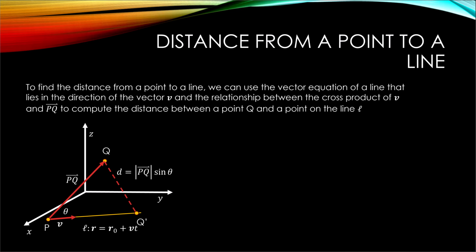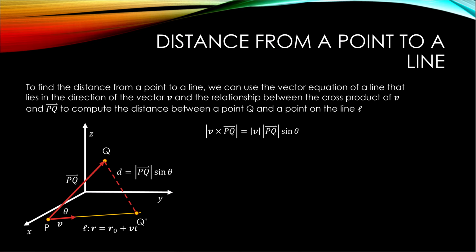We have looked at cross products and we found that the magnitude of the cross product of two vectors v and pq is equal to the magnitude of the vector v times the magnitude of the vector pq times the sine of theta.